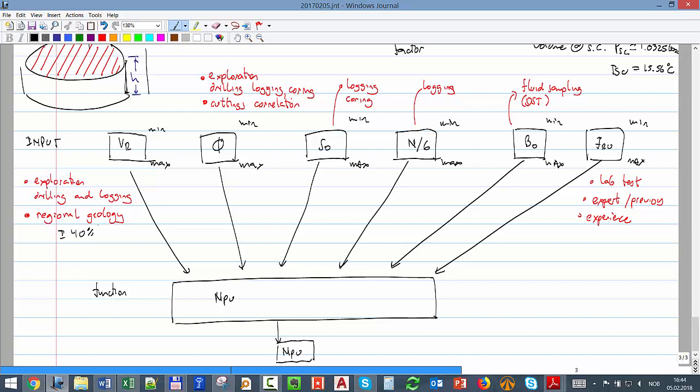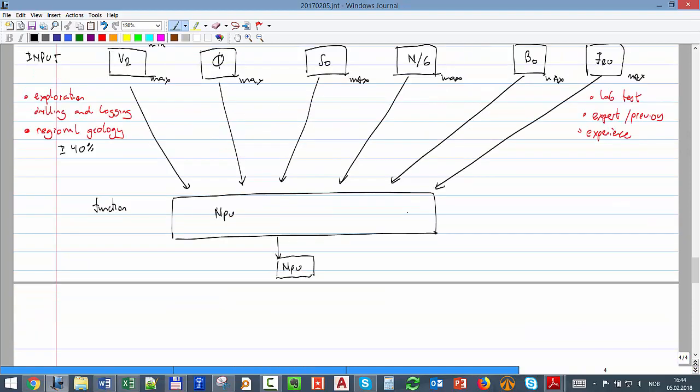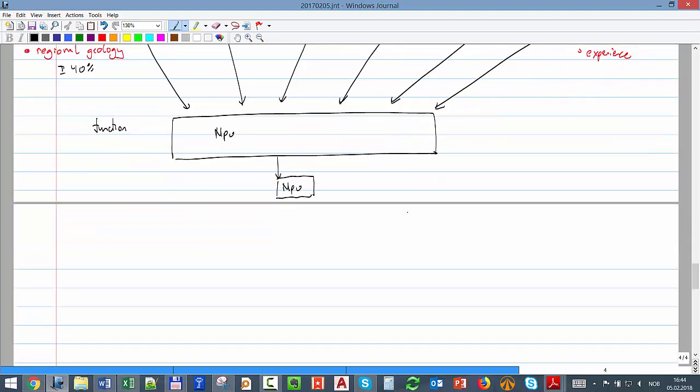So the way we do that, like I mentioned last class, we make a probability function of each one of the parameters, okay, which describes all of you know probability function. Yeah, PDF, probability distribution function.